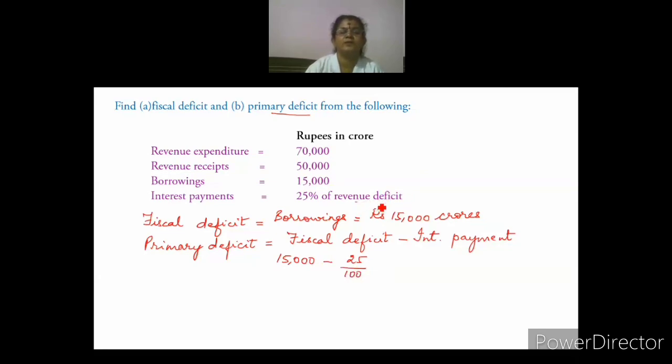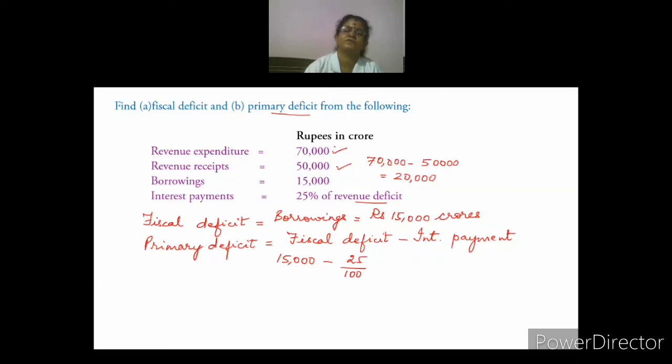So how do we get this revenue deficit? You get it when you subtract these both: 70,000 crores minus 50,000 crores. Revenue deficit is equal to revenue expenditure minus revenue receipts. So it comes to 20,000.